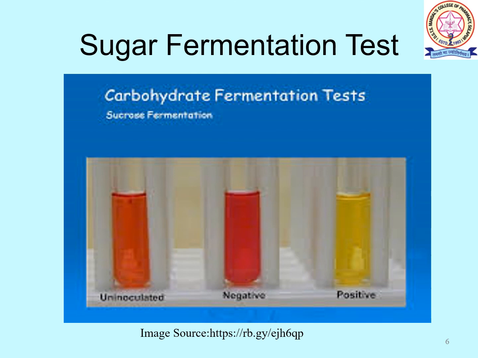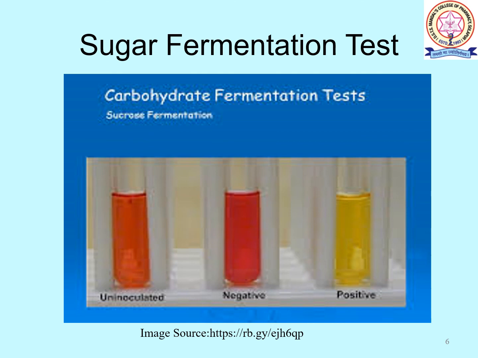If there is gas production, then it indicates that there is fermentation of sugar. Acid production is shown by a color change from pink to red, and the gas produced is collected in the Durham's tube. If it is positive, it will show the color change as well.